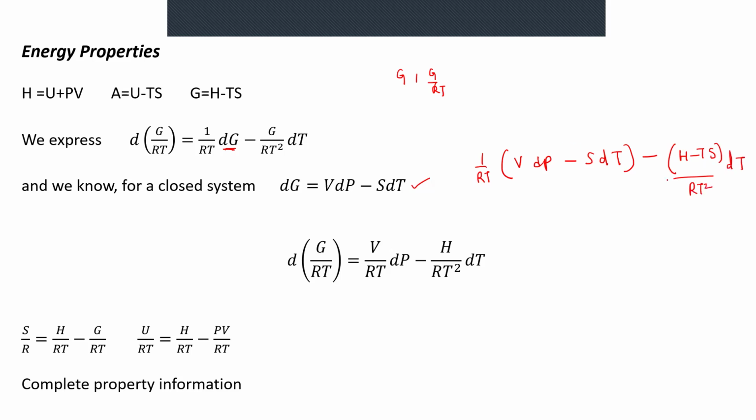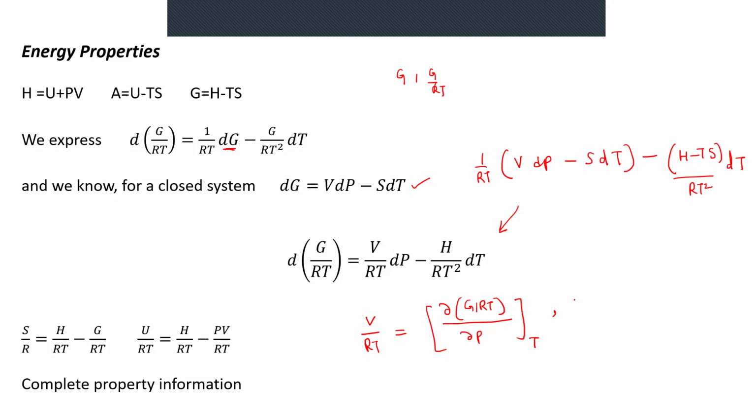Cancelling the terms for TS, we finally get V by RT dP minus H by RT squared dT. Here we can express one thing, which is V by RT equals the partial derivative of G by RT with respect to P at constant temperature.